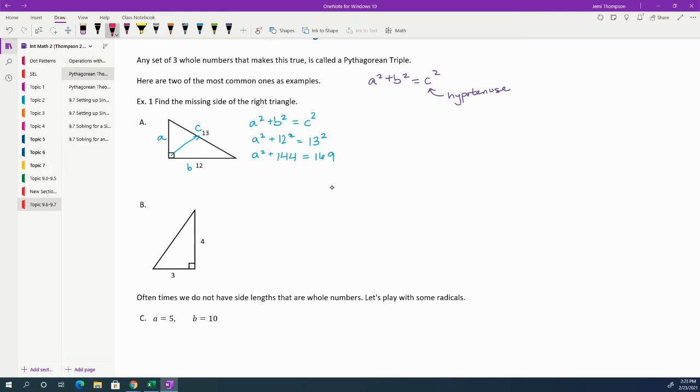I start using my order of operations backwards to solve for A squared. So I subtract 144 from both sides. 169 minus 144 is 25.